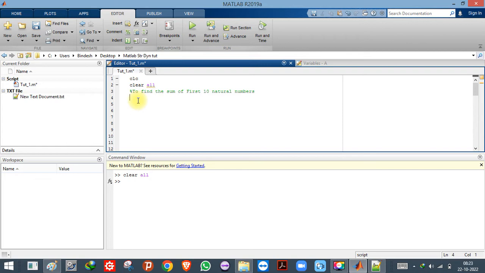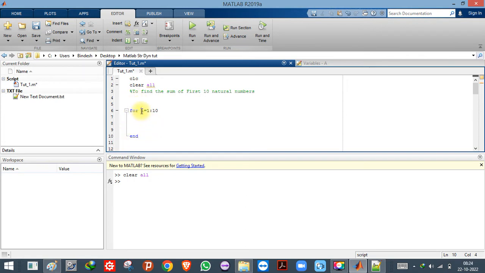First, n equal to 0, let us write. What we can do is write for i, where i is a variable, i equal to 1 to 10, and end. See, I have written a for loop and I have ended it.